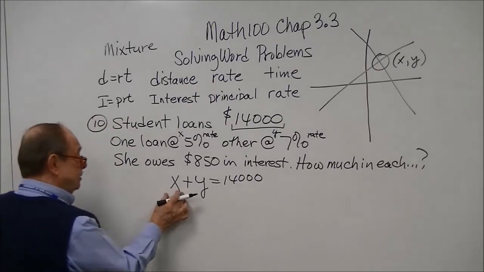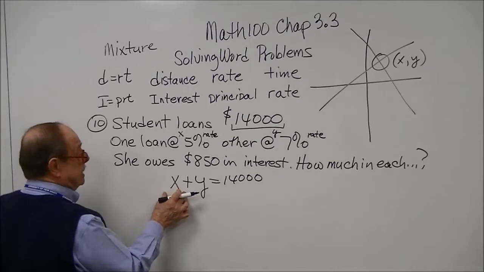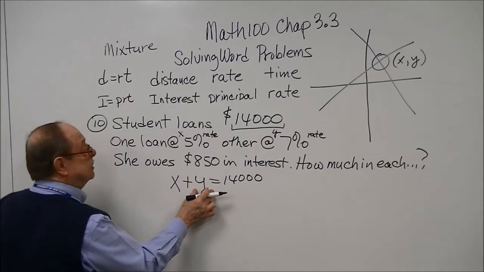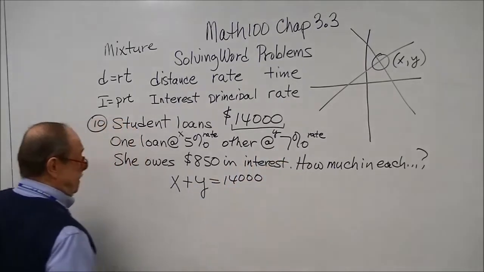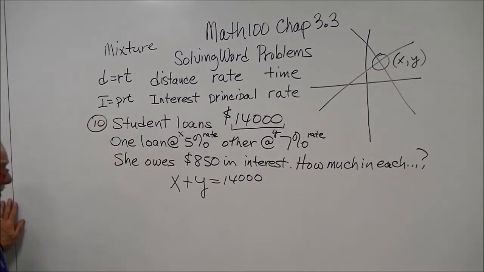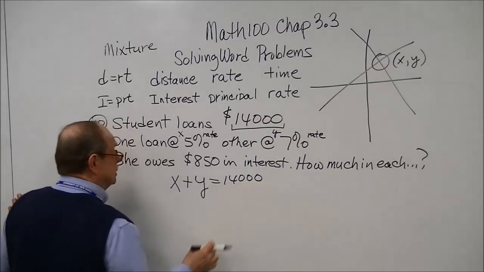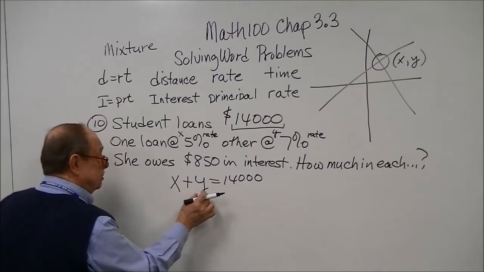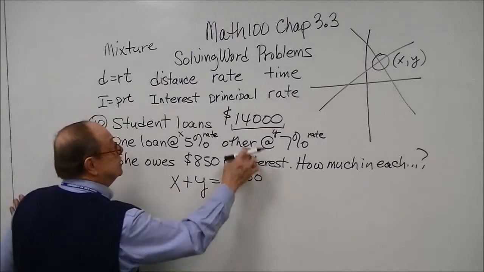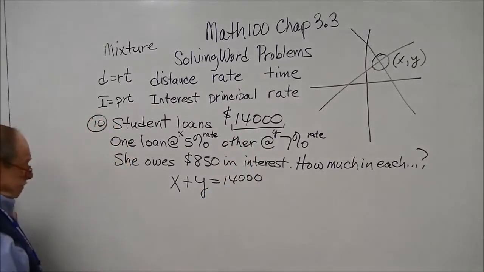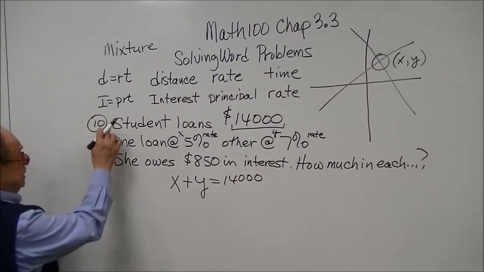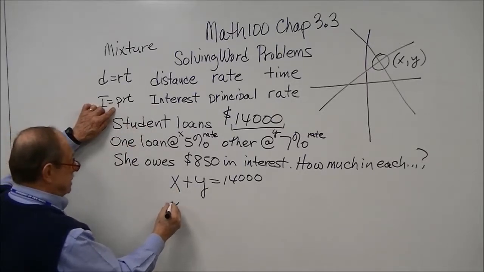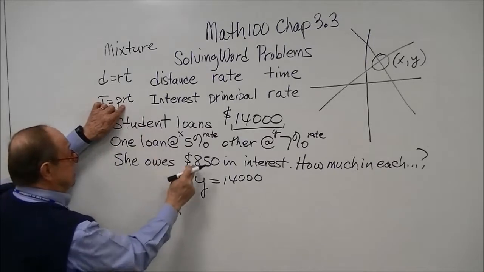So this is the amount she has with the interest of 5%, and this is the amount she has at 7%. And this is the total amount of principal. So in a sense, this is part of the principal, this is the total principal. So we're going to use this formula, principal, which in this case is x, and the rate is 5%.